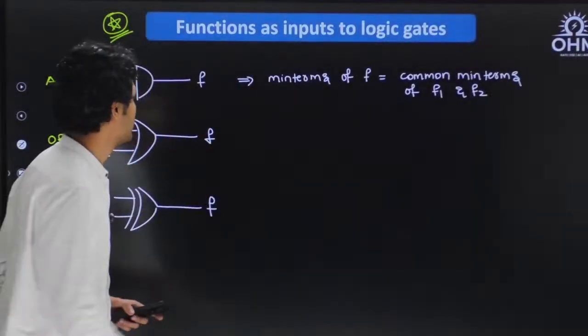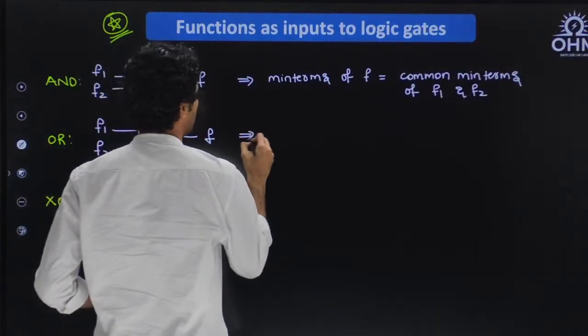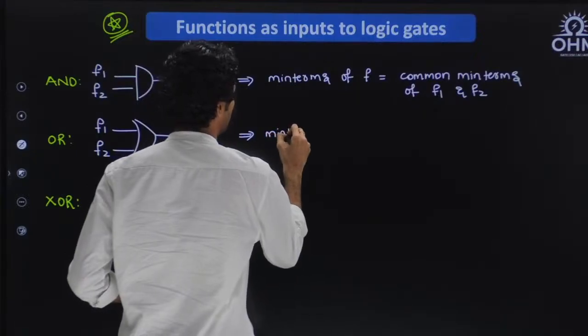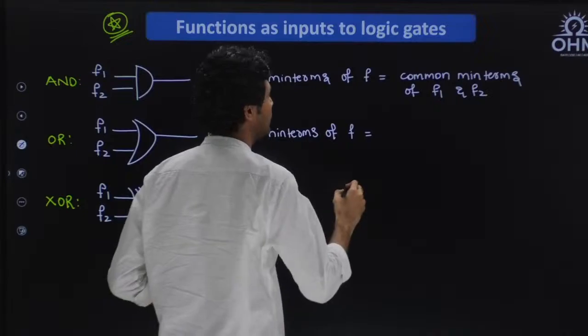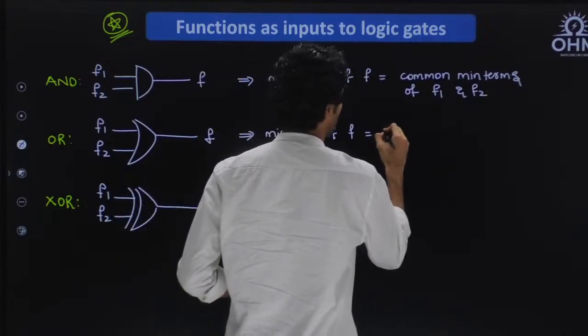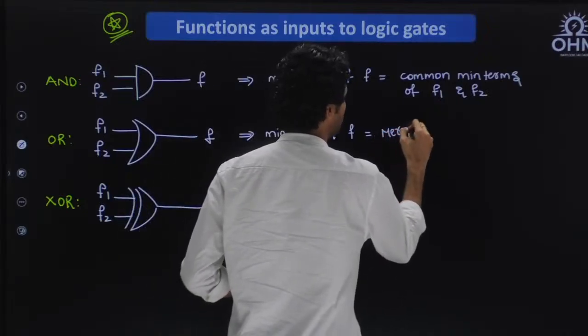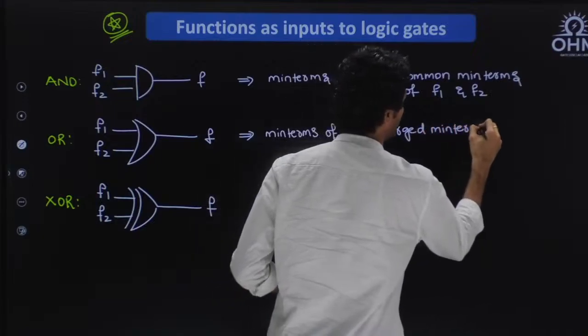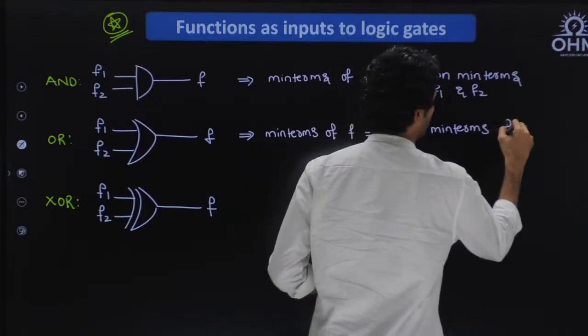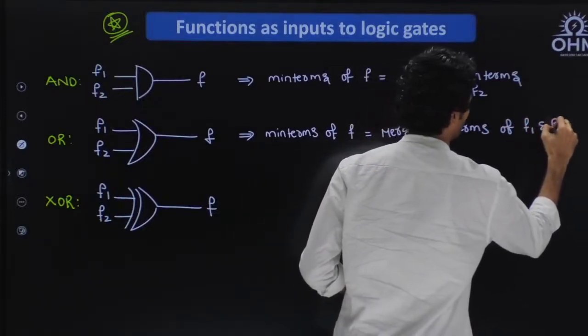Next, what is the OR gate scenario? In this case, the minterms of the function F are equal to the merged minterms. We have to merge both the lists of minterms of F1 as well as F2.